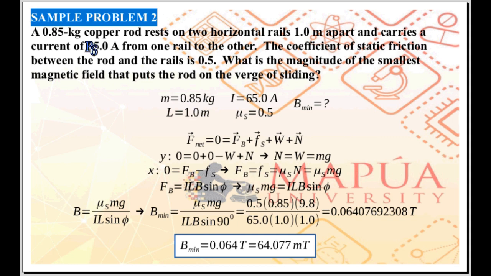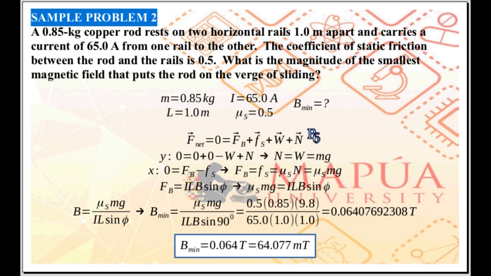We know the equation for the magnetic force applied by a magnetic field on a current-carrying conductor. The magnitude of that magnetic force is given by ILB sine phi. Since Fb is equal to mu s mg, and Fb is equal to ILB sine phi, we have mu s mg is equal to ILB sine phi.